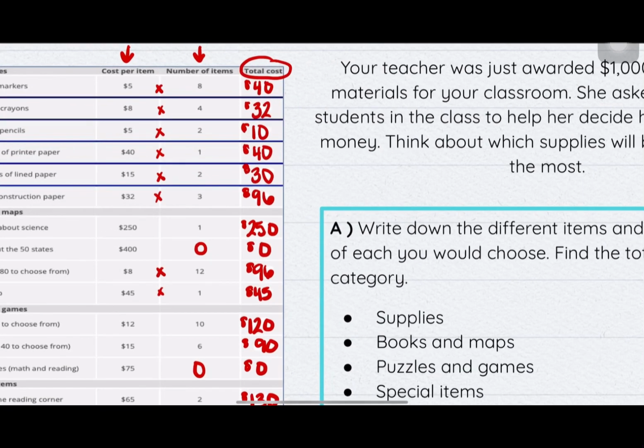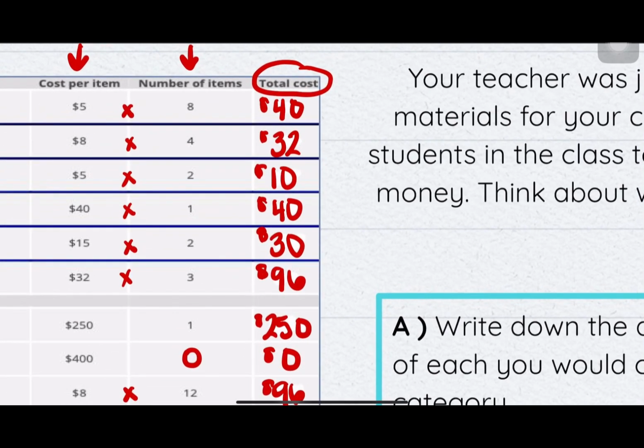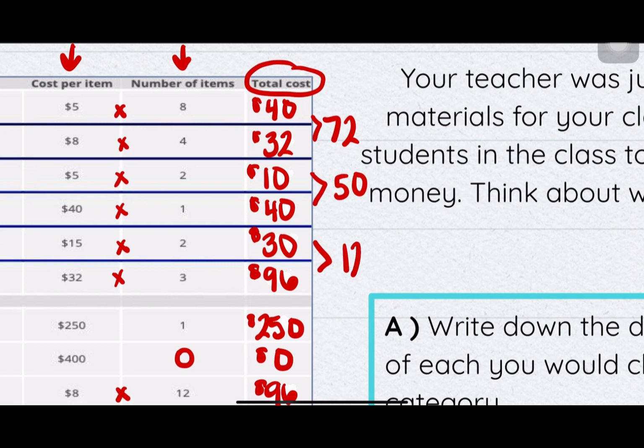So let's total up the supplies. So we have 40 plus 32, which is 72. 10 and 40, which is 50. And 30 plus 96, which is 126.